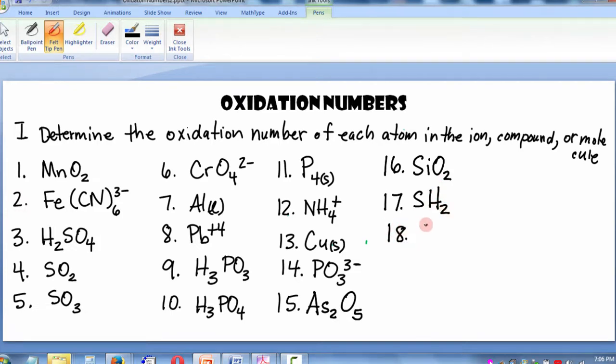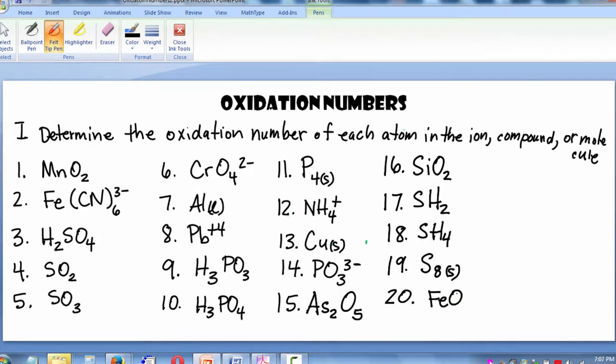Number 18, SH4. Number 19, S8. Number 20, FeO.